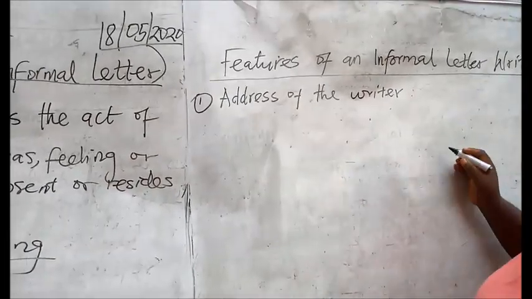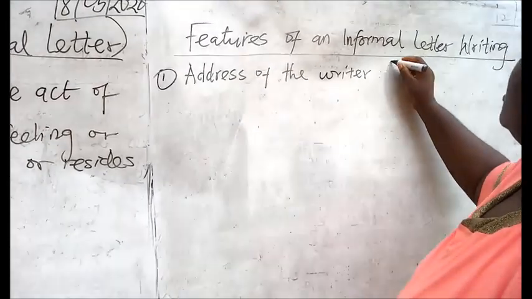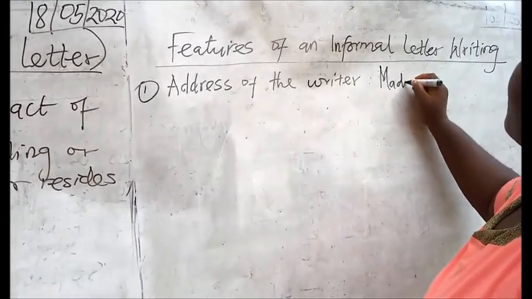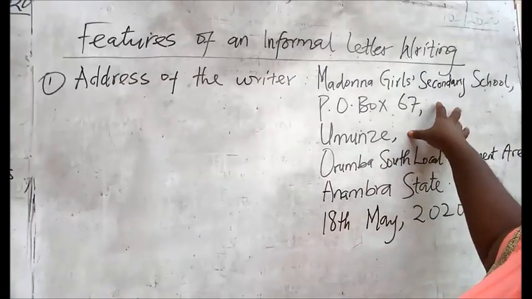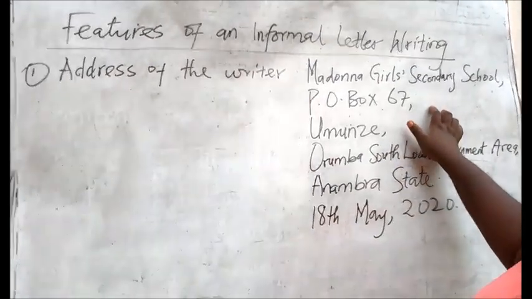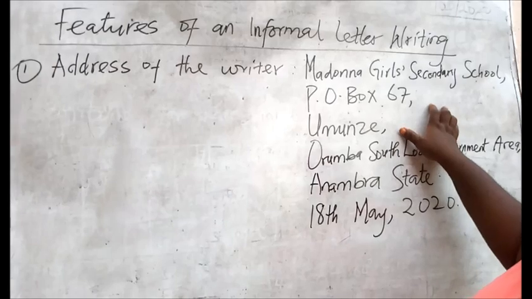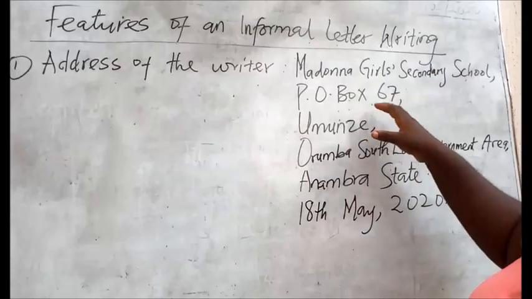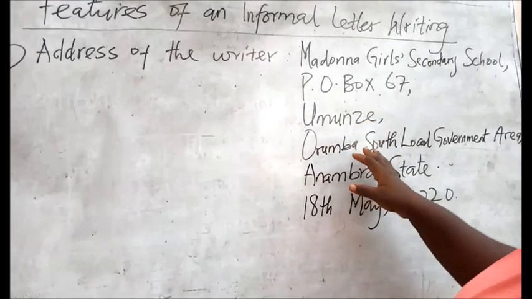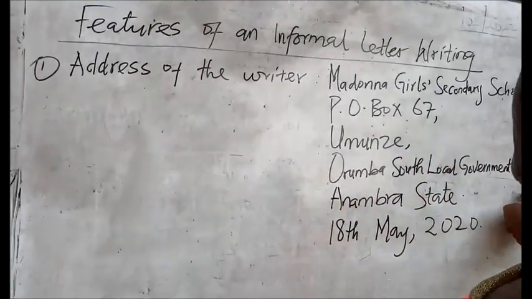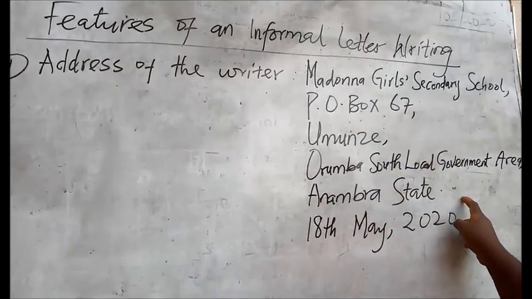It is written thus. You've seen the example using our school address: Madonna Girls Secondary School, P.O. Box 67, Umunze, Orumba South Local Government Area, Anambra State.